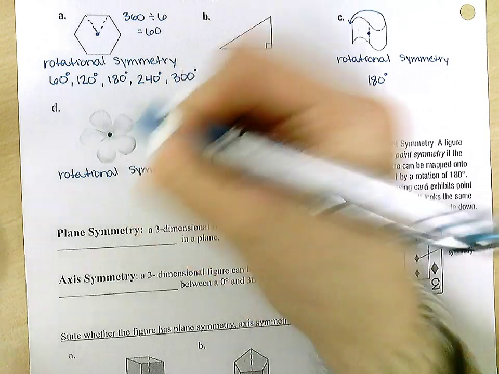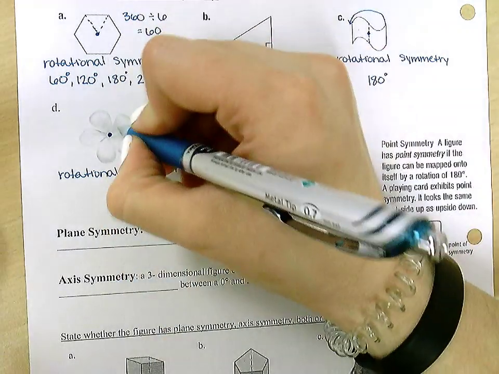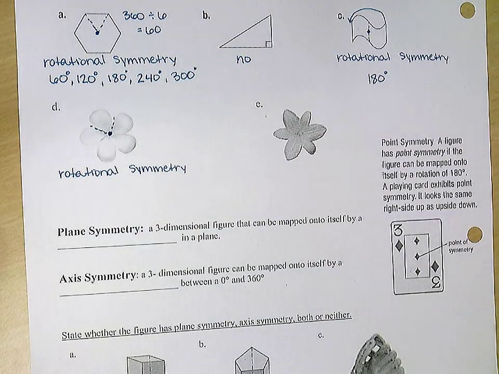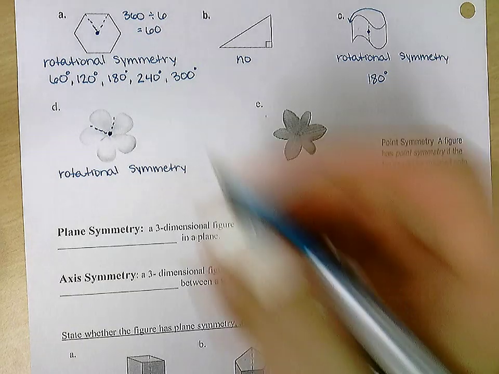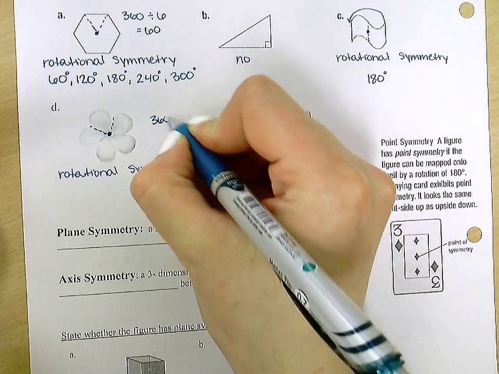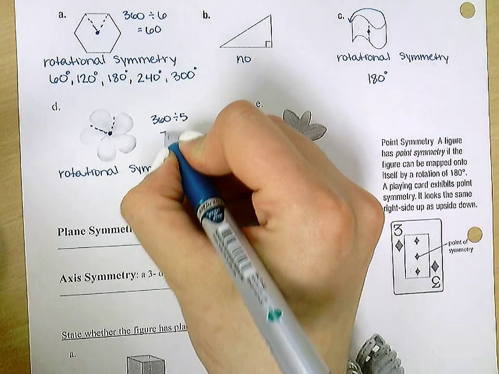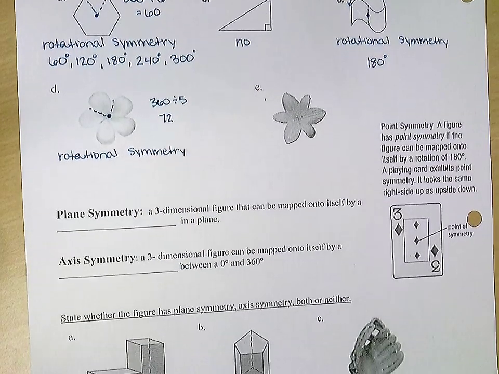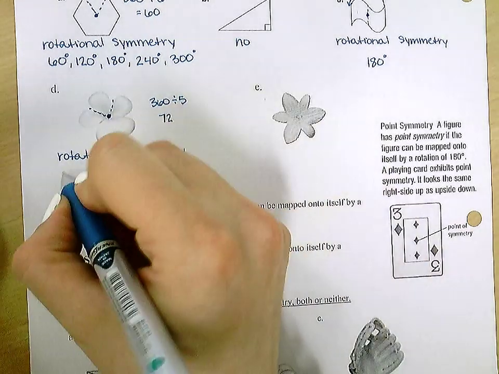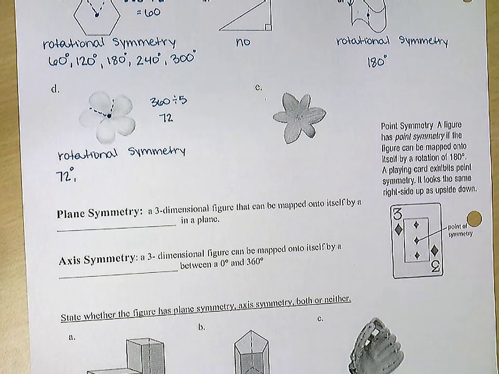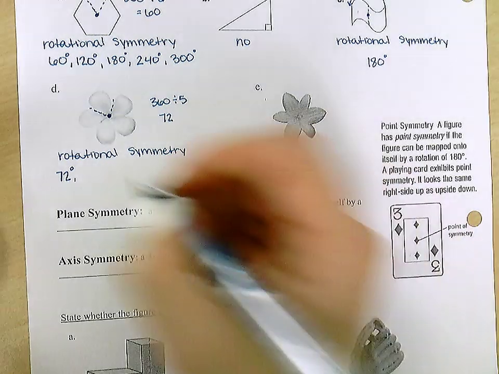So here would be your center of symmetry. I could split this into 5 different petals. So to find our degrees, I would take 360 divided by 5. That is 72. So we have rotational symmetry of 72 degrees. We want to find the other degrees that it rotates through, so add 72 to 72.